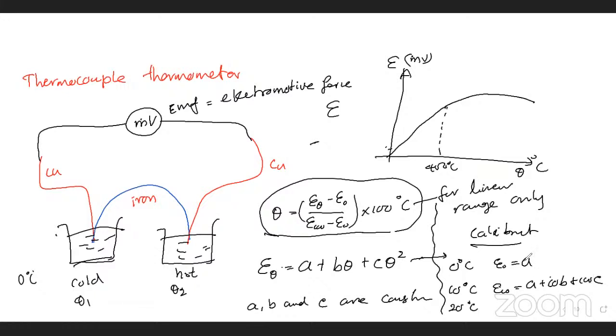The A value you already know. At 20 Celsius, you can measure the value too: E20 equals A plus 20B plus 400C.